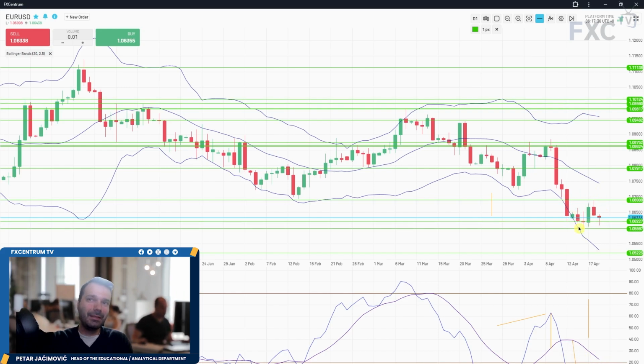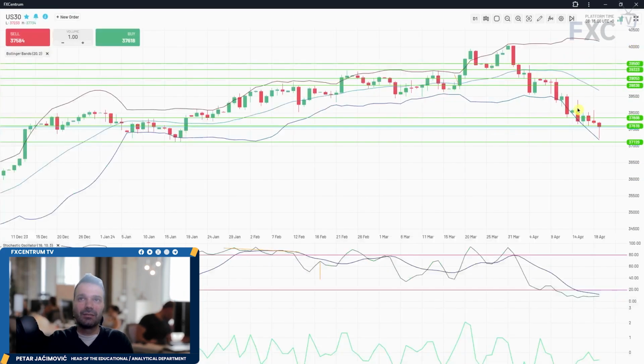So this might be very soon that we complete this consolidation and continue with the next directional movement. In case of the breakout of 1.0600, there is a chance for the drop towards 1.0523. In case of the upside movement, as I said, the resistance is already there, very, very close to this area here.